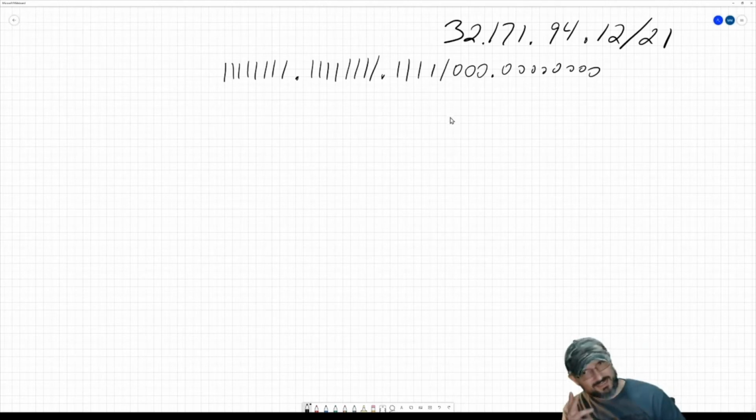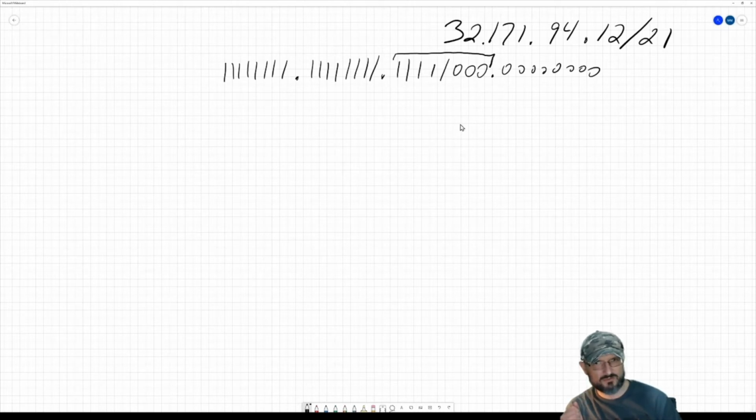This is where the subnet bits meet the host bits. Remember, everything to the left of this last one right here is subnet, and everything to the right is host.